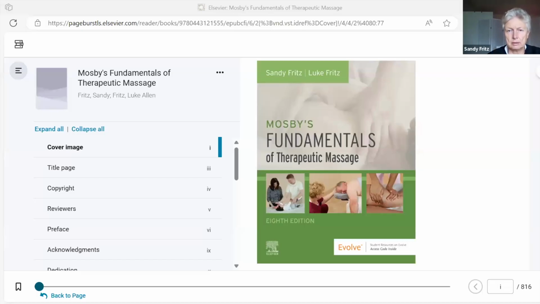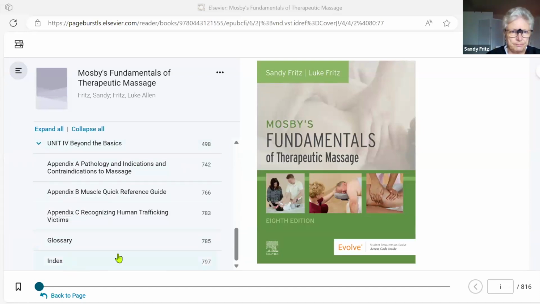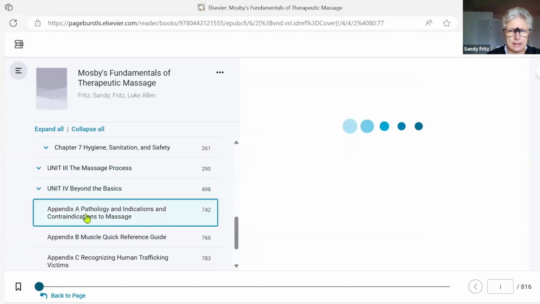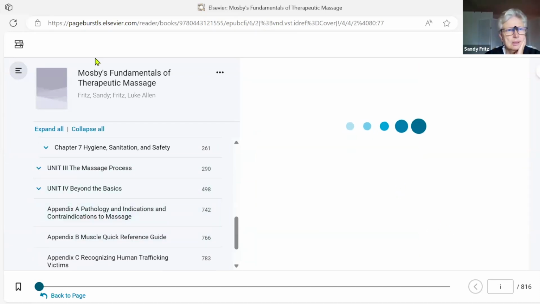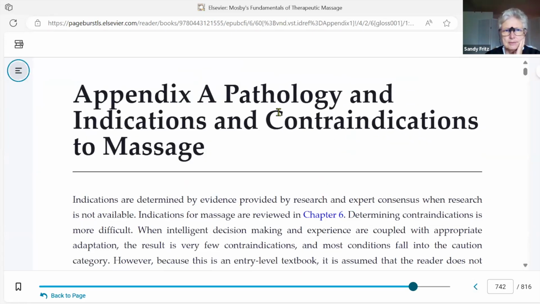All right. Chapter 6, Unit 2, glasses on, and let's go down all the way to Appendix A. I'm going to open that up and get rid of the table of contents here.